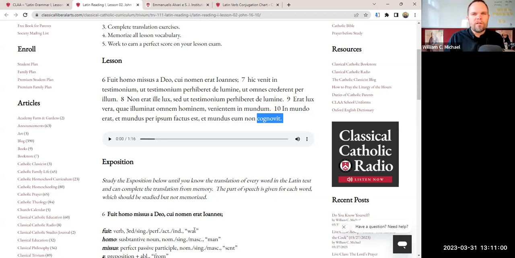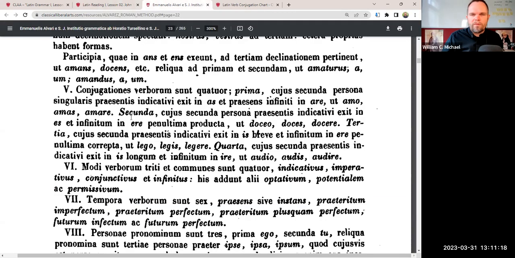Once you learn the verbs, once you understand what the forms of the verbs mean and how to translate them, all of a sudden the whole language becomes accessible to you. So understanding the conjugation of verbs and how to translate them is obviously one of the most important parts of the study of Latin.